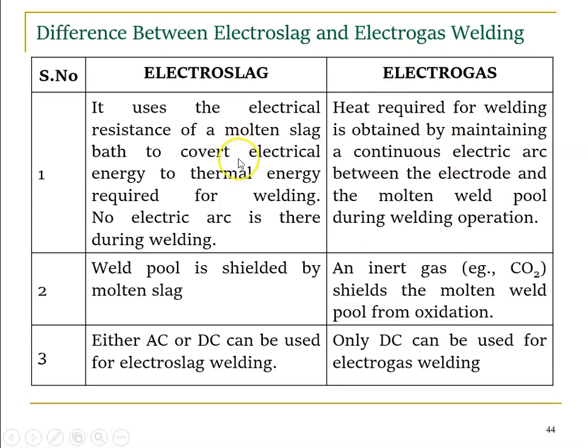So here we can't view the electrical arc in Electro Slag. The weld pool is sealed by the molten slag, but in Electrogas we use some inert gas like carbon dioxide, helium, argon, like that. We can use AC or DC in Electro Slag, but in Electrogas you can use only DC. So DC alone we can use, right? Okay. Thank you.